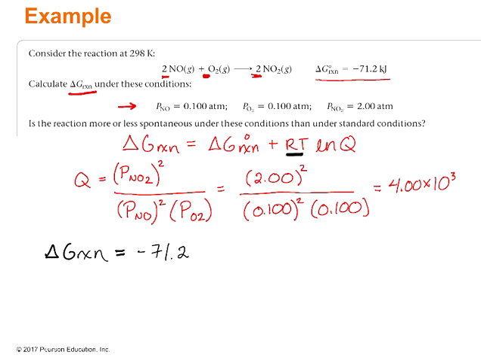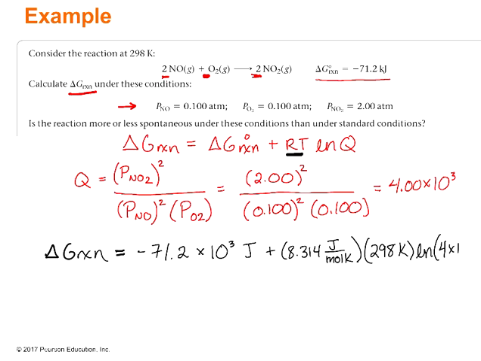So I want to make sure that we have the same units across the board. So I'm just going to multiply that by 1,000 to get it into joules. All right, and then we're going to add the gas constant, which is also in joules per mole Kelvin, times the temperature, which we were told is 298 Kelvin. And then we're taking the natural log of 4 times 10 to the third.